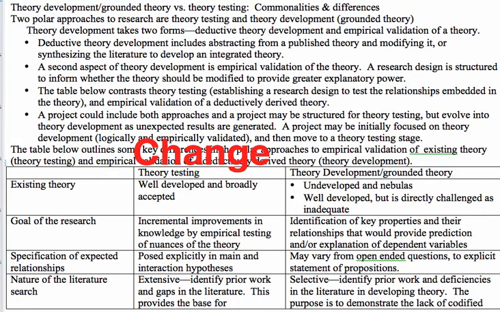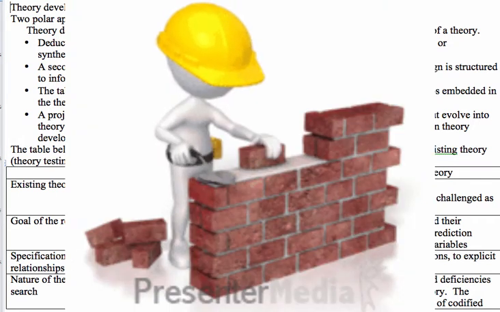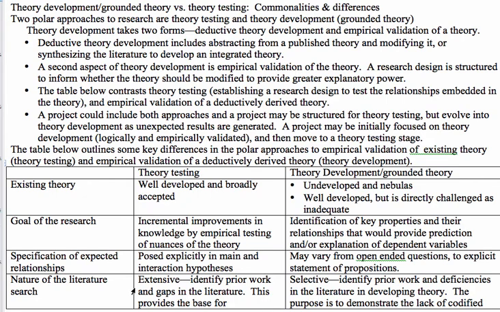So we're going to be building on the science. It's sort of like building a wall where we take these bricks and we're layering them up. Every study that we do for theory testing is building this wall of knowledge so that we can have a solid basis to work off of.